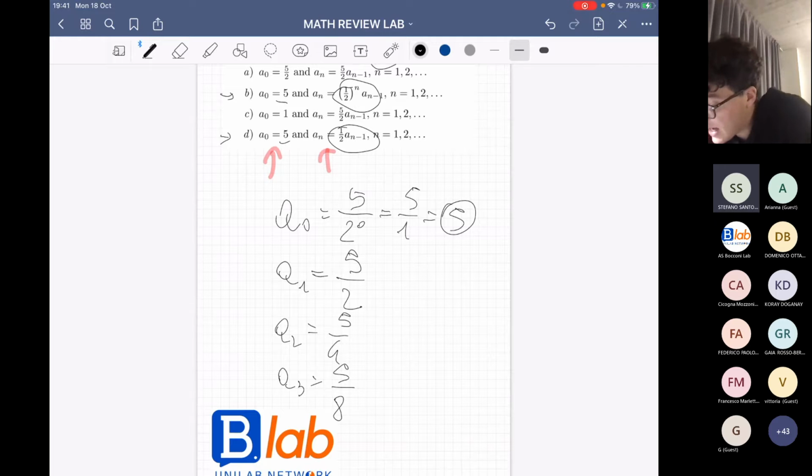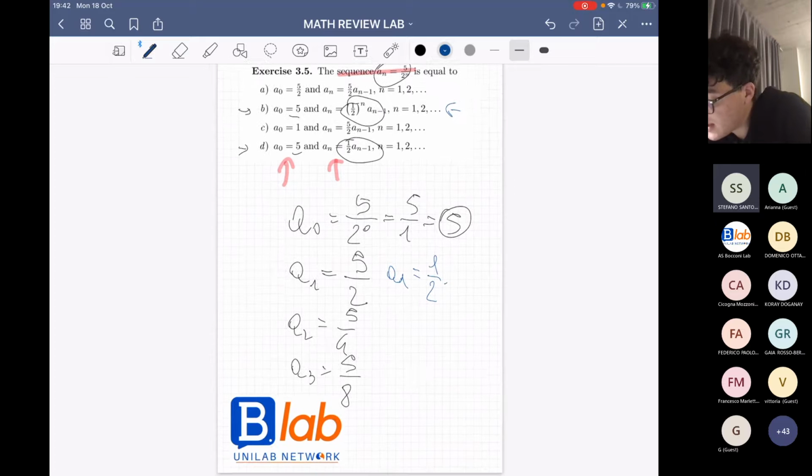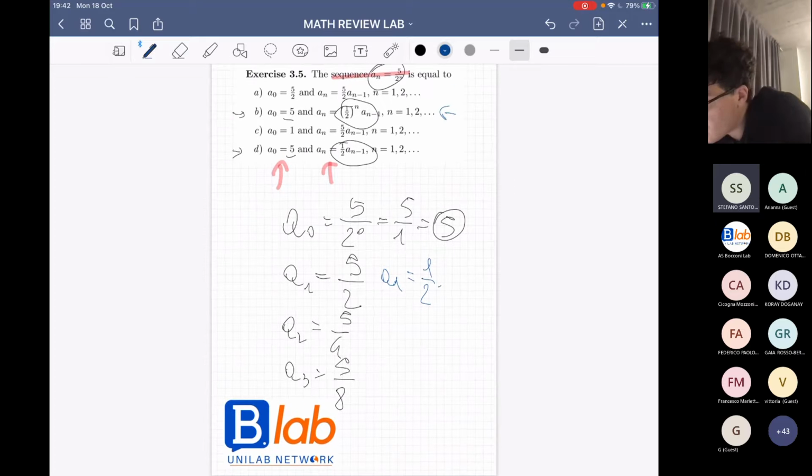In the first case, an would be equal, for example, a1 in this case is equal to 1/2 to 1, which is 1/2, times 8 to the n minus 1, which is a0, okay? And a0 is 5, so it's 5 over 2.